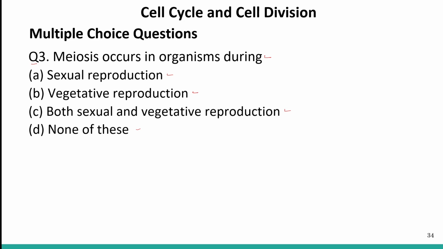Vegetative reproduction usually takes place with the help of mitosis, because mitosis usually occurs in somatic or vegetative cells. So what should be the answer? Meiosis occurs in organisms during sexual reproduction.